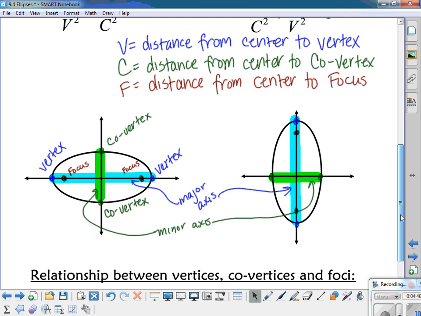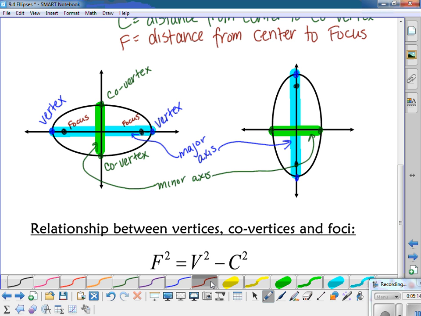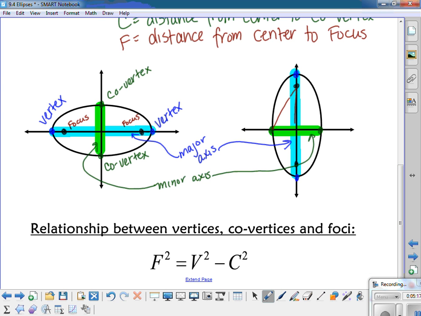So there's a relationship that exists between the vertices, co-vertices, and foci. It turns out that the distance to the focus squared is equal to the distance to the vertex squared minus the distance to the co-vertex squared. And it's actually based on the Pythagorean theorem. I could draw a triangle inside of there; here, I have a right triangle.